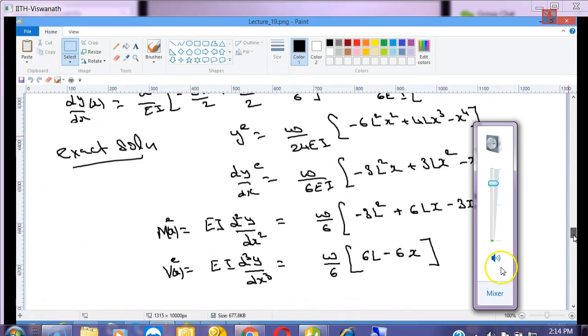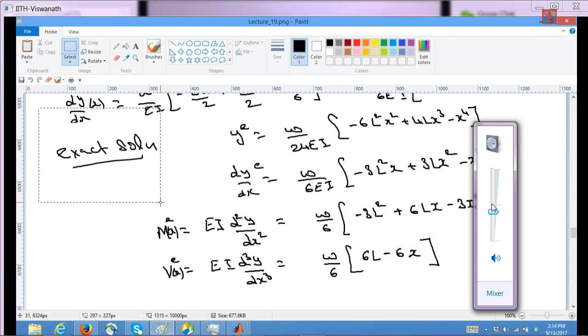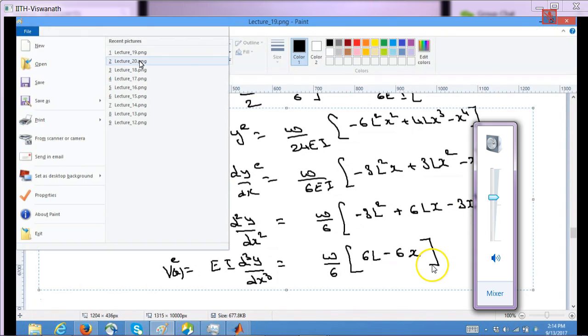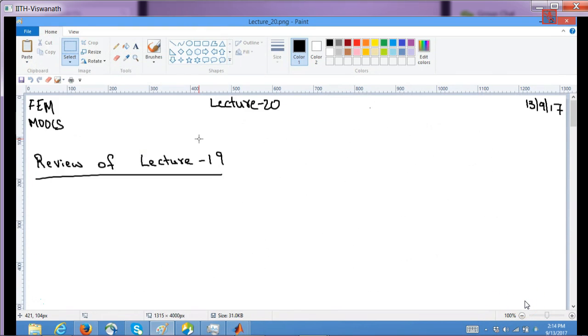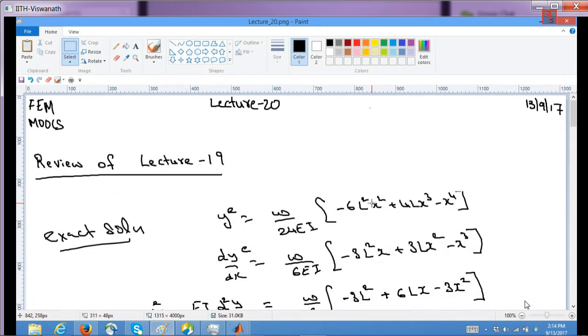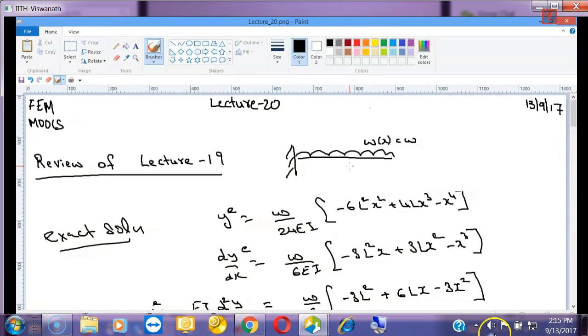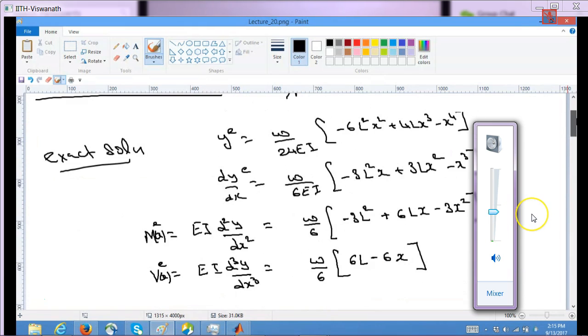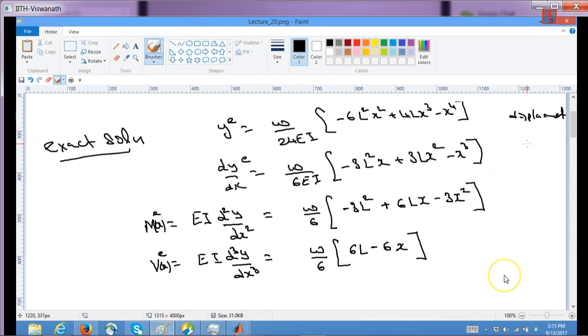The exact solution we obtained from the previous class with a uniformly distributed load, that w of x is equal to a constant, and this is the displacement, slope, bending moment, and the shear force diagram. So this is what we got from the exact solution.